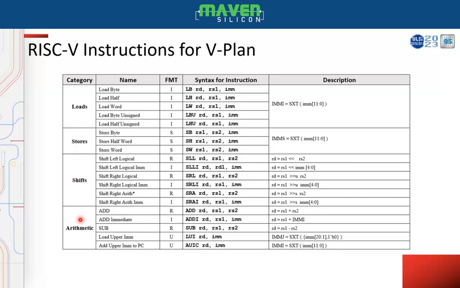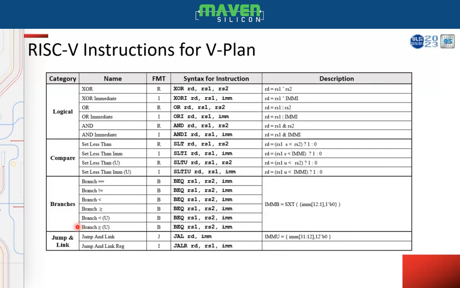So that is how we segregate all the instructions based on category. We have different categories like loads, stores, shifts, arithmetic, logical, compare, branch instructions, and jump and link instructions. So this is how we have different sets of instructions, and we try to ensure that all these instructions have been verified during the verification process using a UVM based test bench.